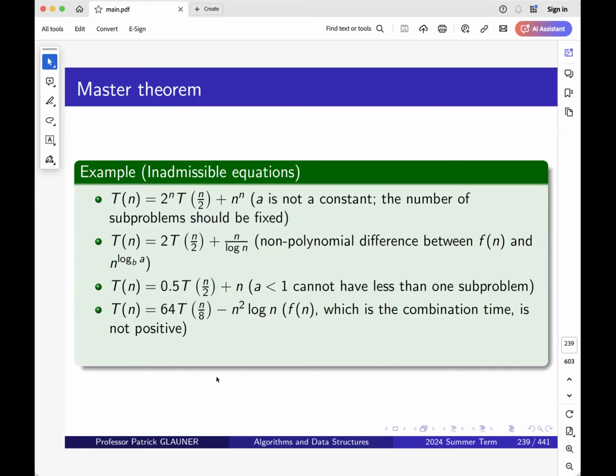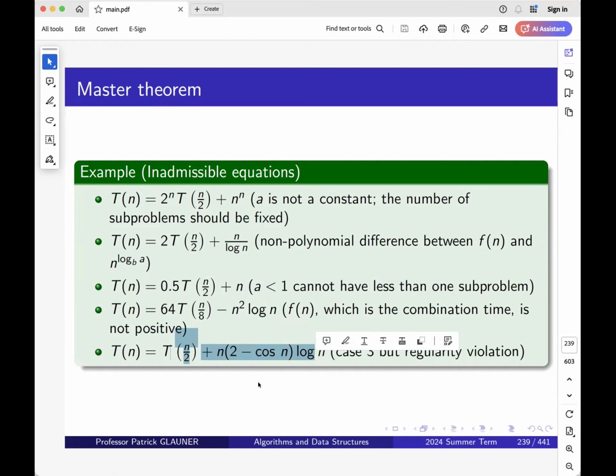Or you could have a negative f of n. And if you have a negative f of n, this doesn't work either because we always add time on top through the f of n. We don't subtract time. So here, the master theorem will not work either. This one here looks strange. It's something you will probably not come across in this course again.